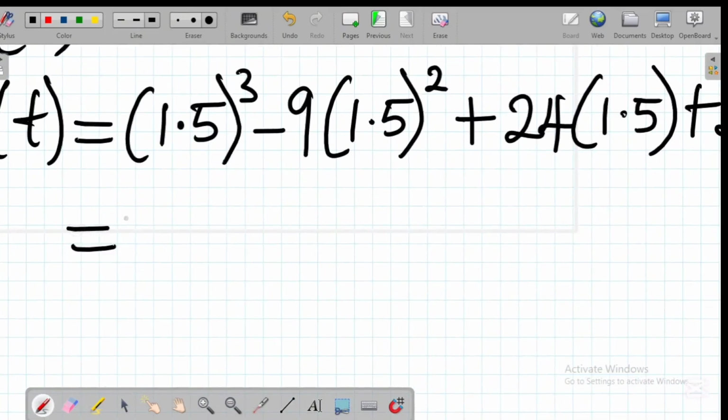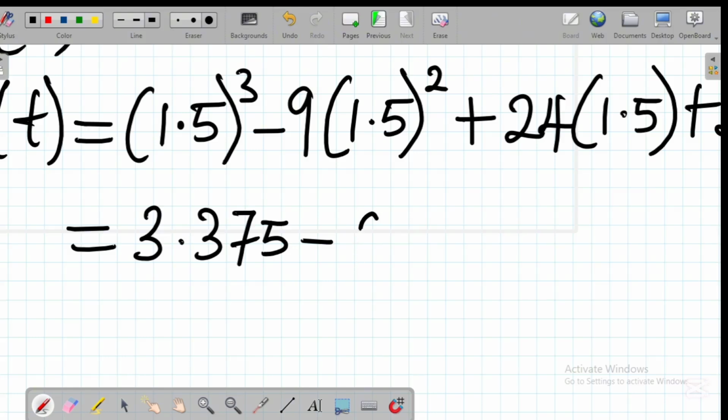So we have here 1.5 raised to power 3 gives us 3.375. That is 1.5 multiplied by 1.5 multiplied by 1.5. And then minus 1.5 raised to power 2 multiplied by 9 gives us 20.25.